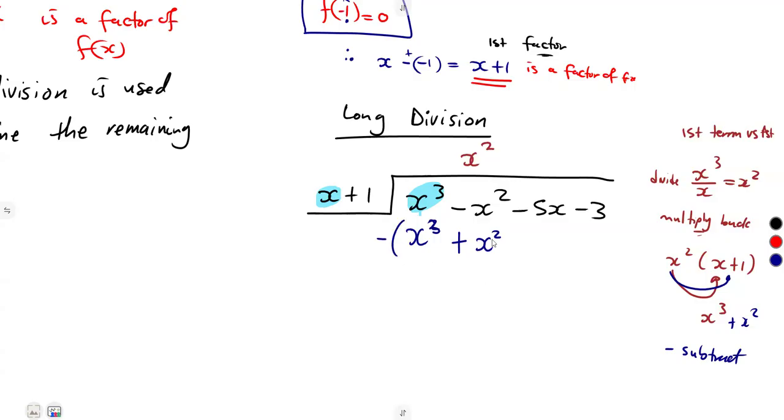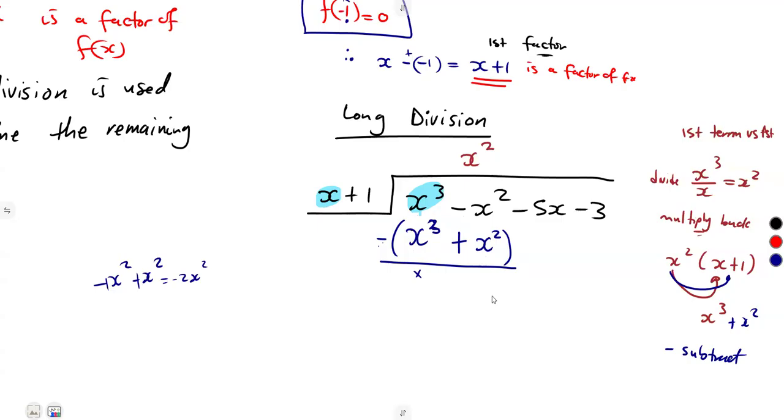You subtract. So this is up to this point. This one is just like a zero there. So just subtract this part. Let us subtract: x cubed minus x cubed, that's a 0, meaning there is nothing there. Minus x squared minus x squared, those are like terms. So minus 1 minus 1, that's minus 2x squared.